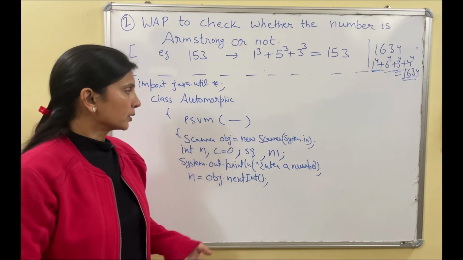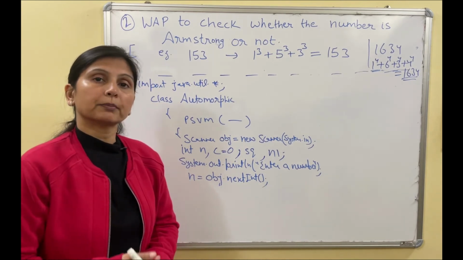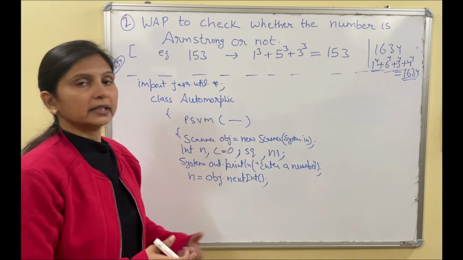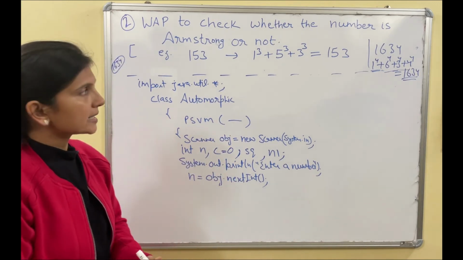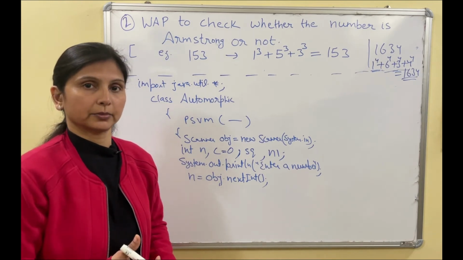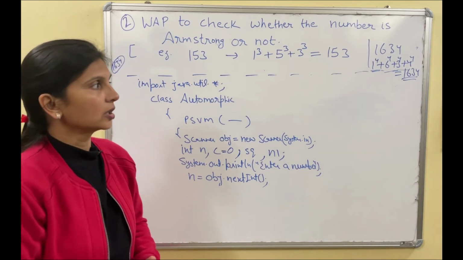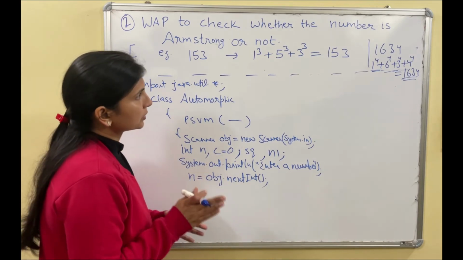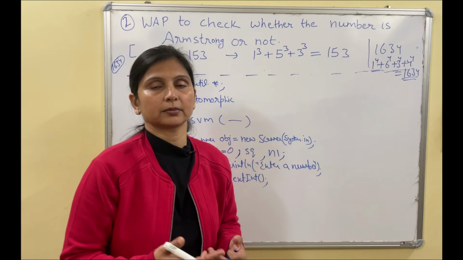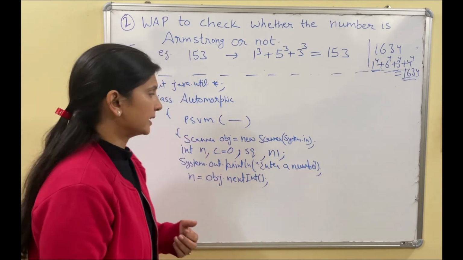Fine, that will not be wrong, but better you apply the check that if the number is a 3-digit number, then do this. So let's see. We are considering that we are giving a 3-digit number only, as it is given in your books, right? But you should understand an Armstrong number can be a 4-digit number, a 2-digit number, or a 1-digit number, right?